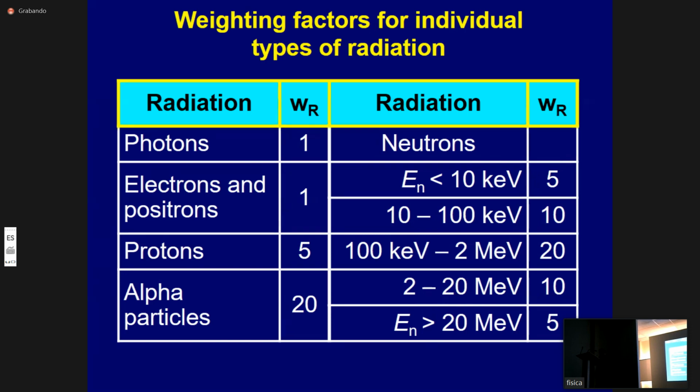For X-ray and gamma radiation, coefficients WR are equal to 1. For all other ionizing radiation, these coefficients are greater than or equal to 1.